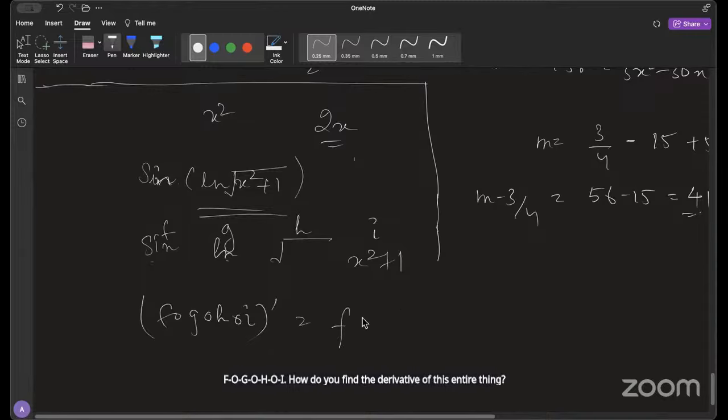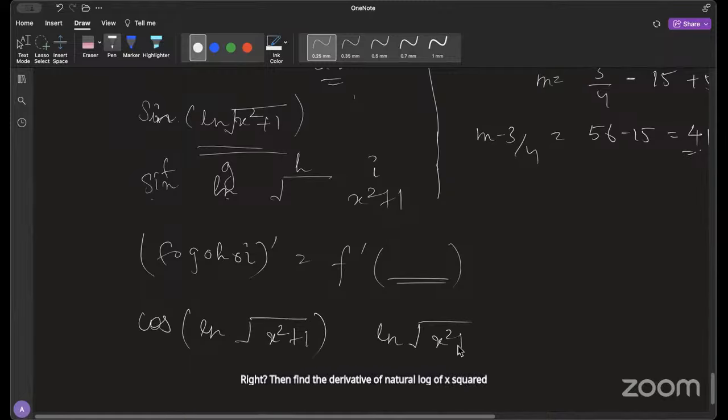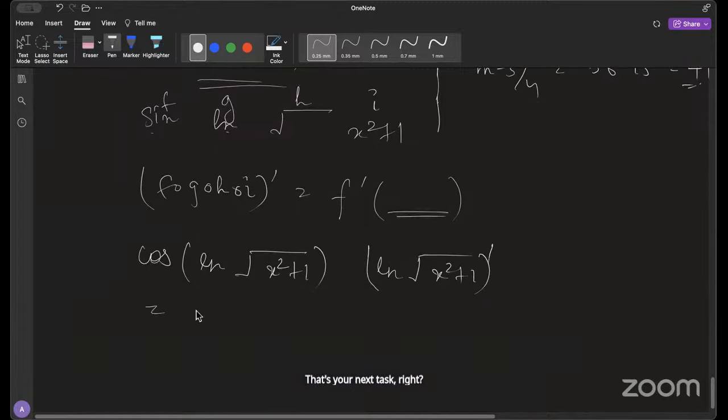First thing is find the derivative of f and put that entire thing here. Don't change it. That means find the derivative of sine, it's cos, right? And don't change the argument. So keep this thing the same, right? Then find the derivative of natural log of x square plus 1. That's your next task, right? So this thing is going to be the same.